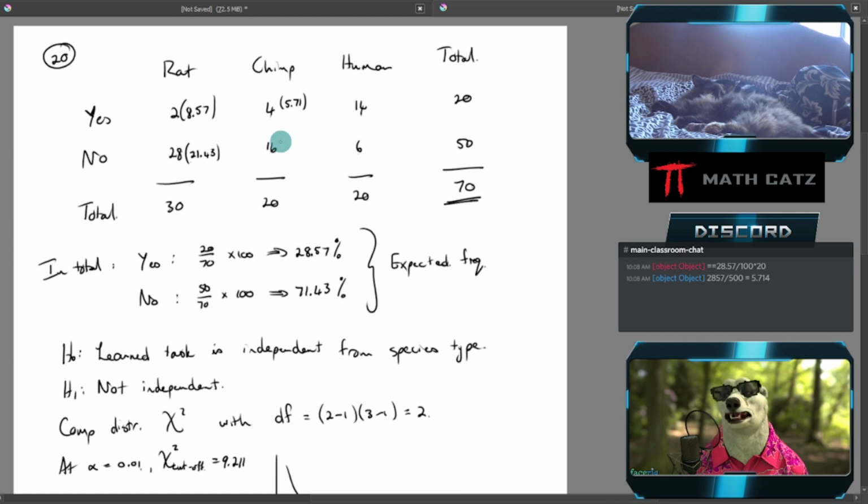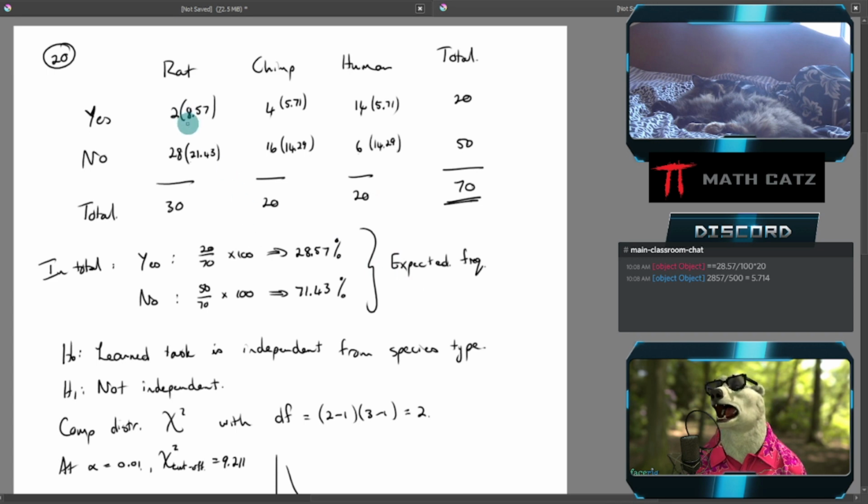And then the other one, I'm going to leave to you as 14.29. Now, the nice thing about doing this by hand is that the chimp total and the human total are the same. So therefore, the percentages of these totals will also be the same, only because the totals are the same, and that saves me a little bit of effort. Okay, so what have we done here?